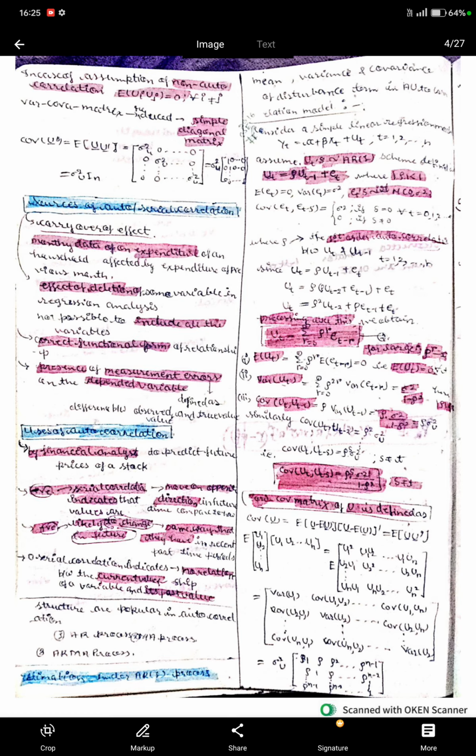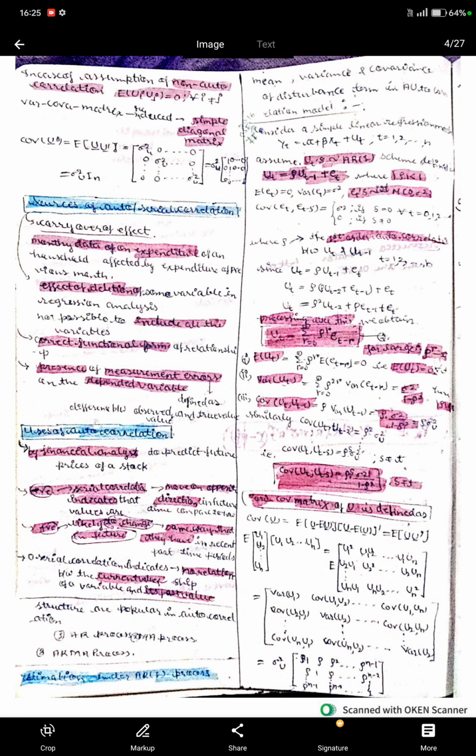Since the covariance terms also involve sigma squared u in the AR(1) process, we take sigma squared u out of the matrix as common.